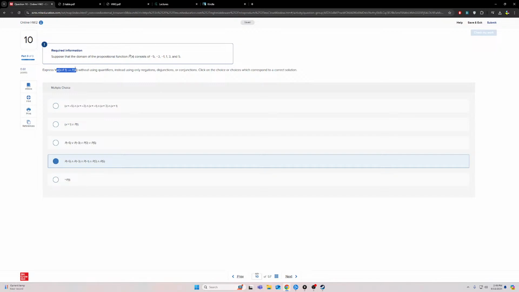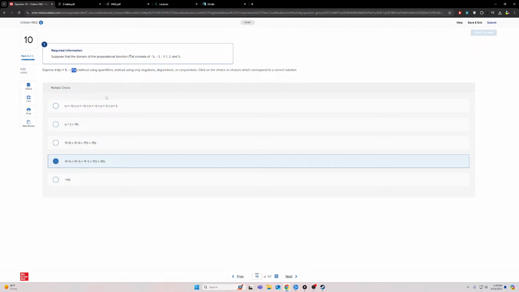I am a little stuck on this question specifically, just because I'm confused with the arrow, which just means if this, then P of X. Because I would imagine it would just be, it can equal 1 as long as P of X isn't true.